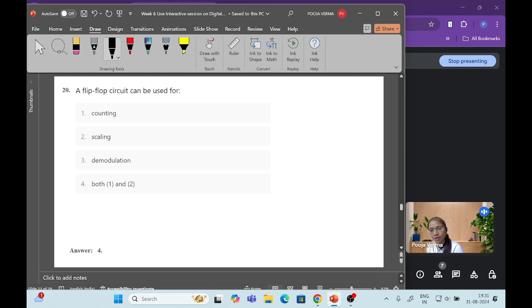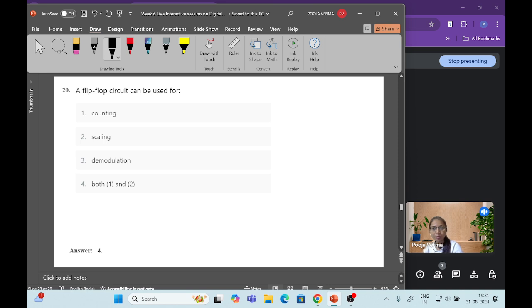Already we know that a flip-flop is a basic digital circuit which can store only one bit. So that can be used for counting purpose, because if we connect a number of flip-flops in a series, then we can store the number of bits.